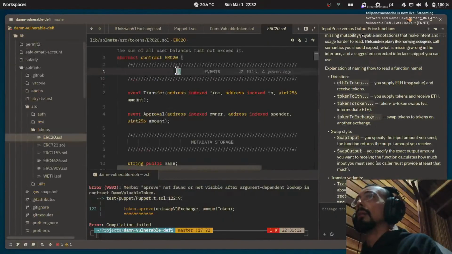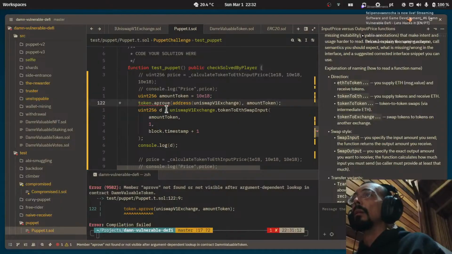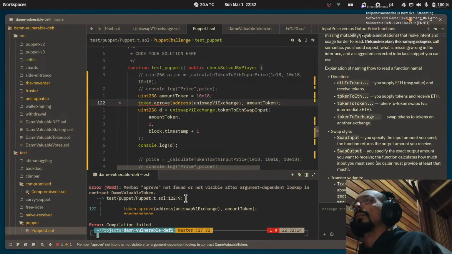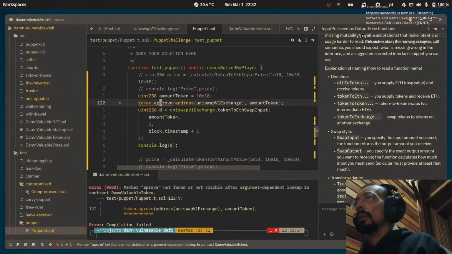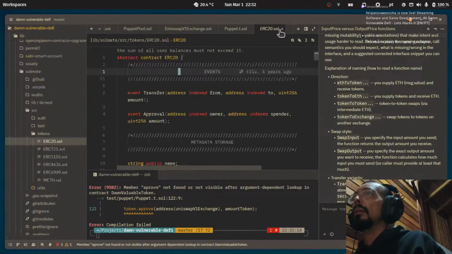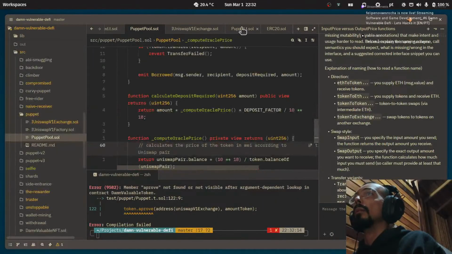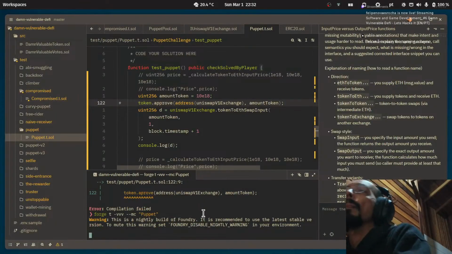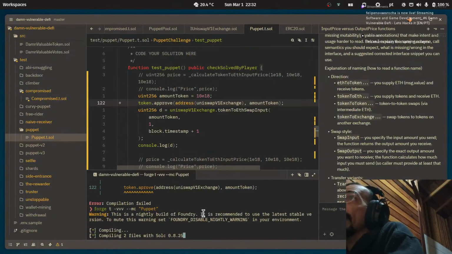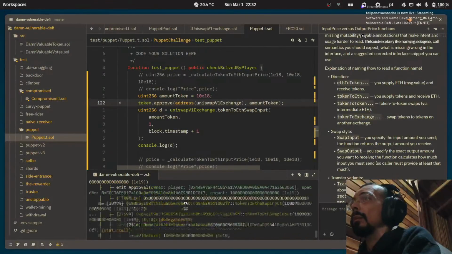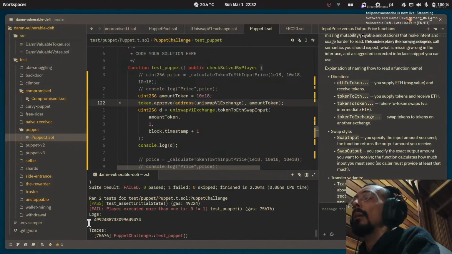Wait a second. Yeah, that should be working now. Oh, 2p, right? Yes, it's 2p's. All right, so here we took some Ethereum back, right?